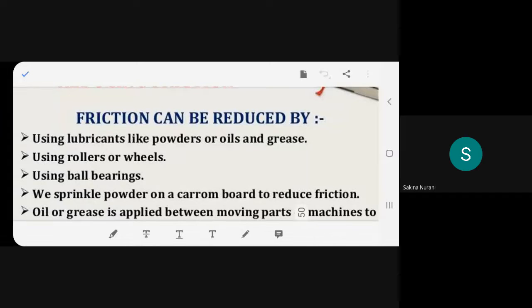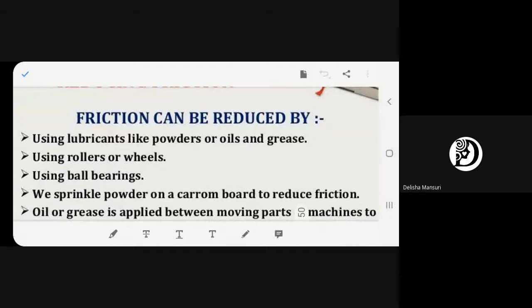Now we use rollers or wheels. What are the rollers, beta? Rollers means, you know, roller skates and wheels. In the baggage we are using those wheels.